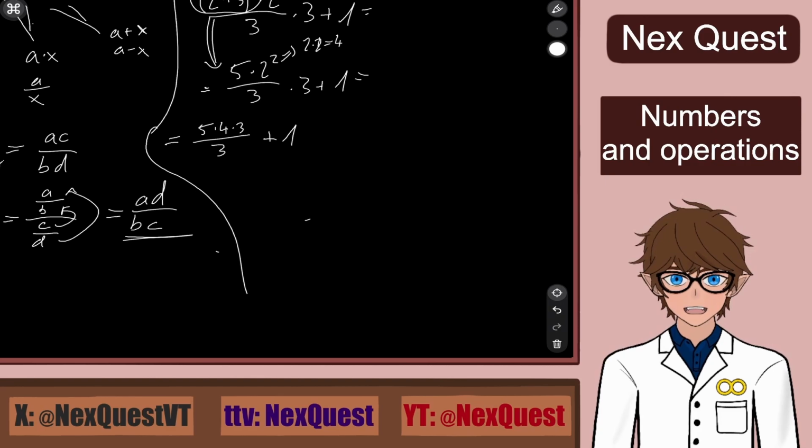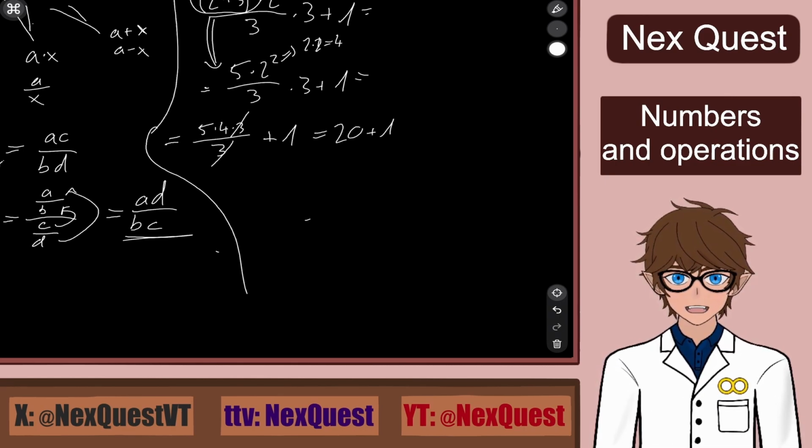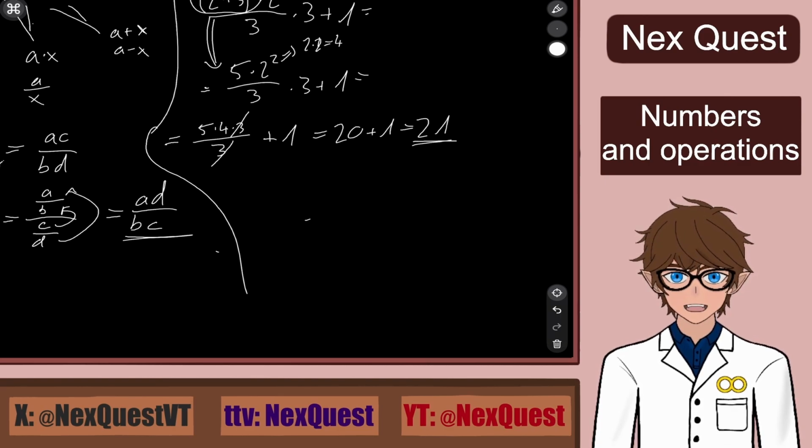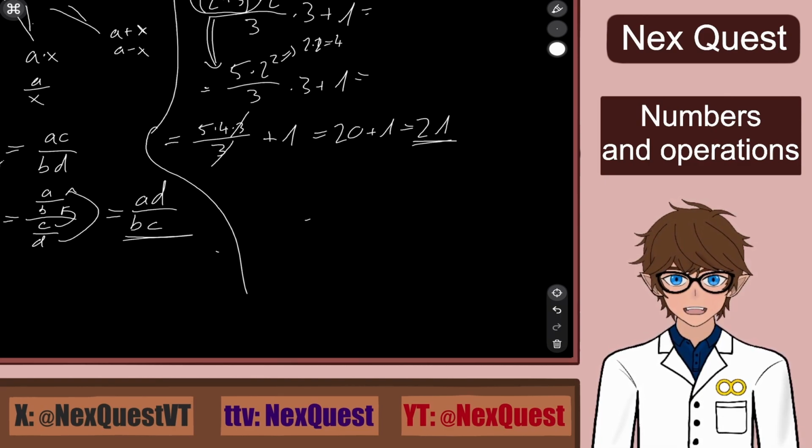By that logic, we can put 3 on top of the division line, which would give us 5 times 4 times 3 divided by 3, plus 1. And since we don't have to multiply, we can just cancel this out, because division has the same priority as multiplication. We get 5 times 4, which is 20, plus 1, which is our beloved 21.